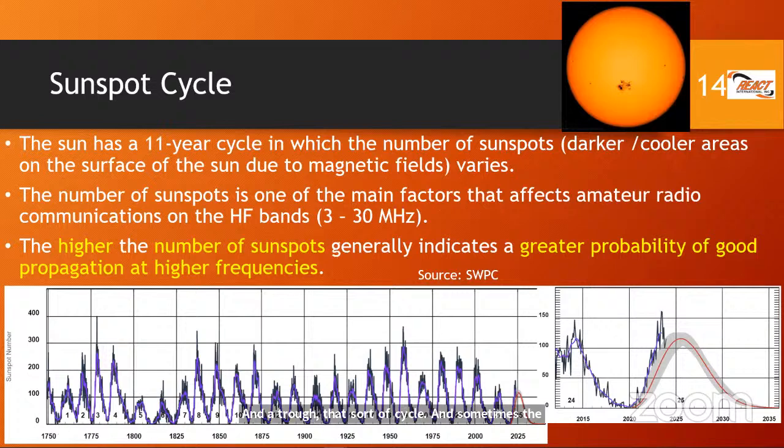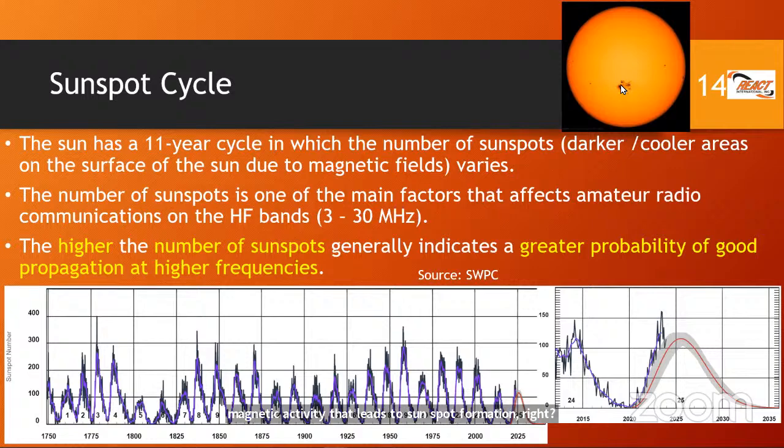So we have from 1750 all the way to present time, the sunspot cycle. It shows there is in fact about an 11-year cycle in terms of the sun's activity, all of that magnetic activity that leads to sunspot formation, right? So sunspots appear as darker or cooler areas.